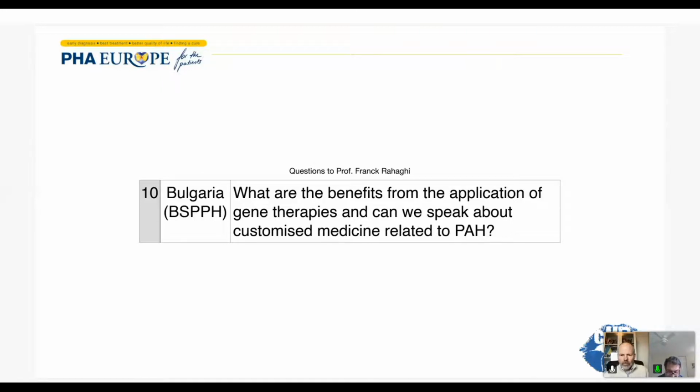And so it's a very, very difficult subject, and it's not ready. I think the artificial lung may come before gene therapy, which is kind of sad, but that shows the limitations.